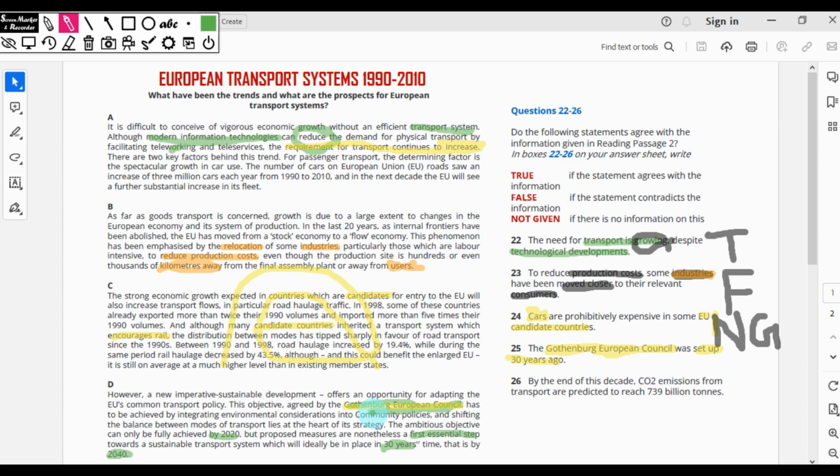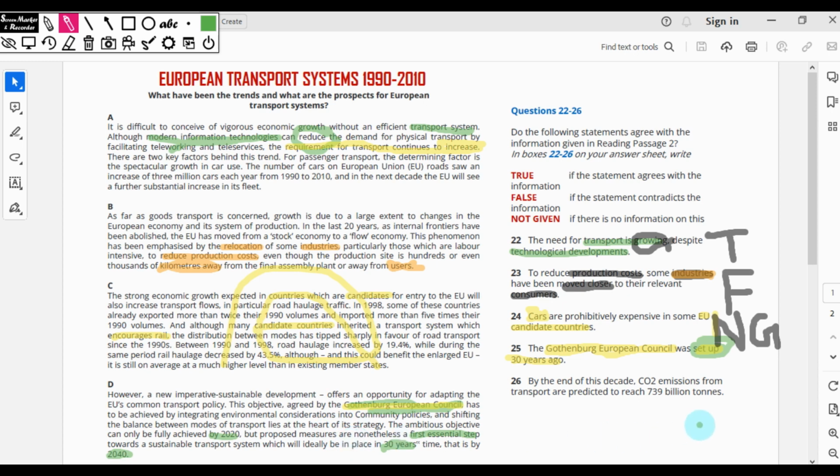If you read it carefully, there is no information regarding this, but there is information about 30 years. Most students mark it as true or false, but it is really not given, because a keyword like setup is the main keyword for this question. There is no information about setup.